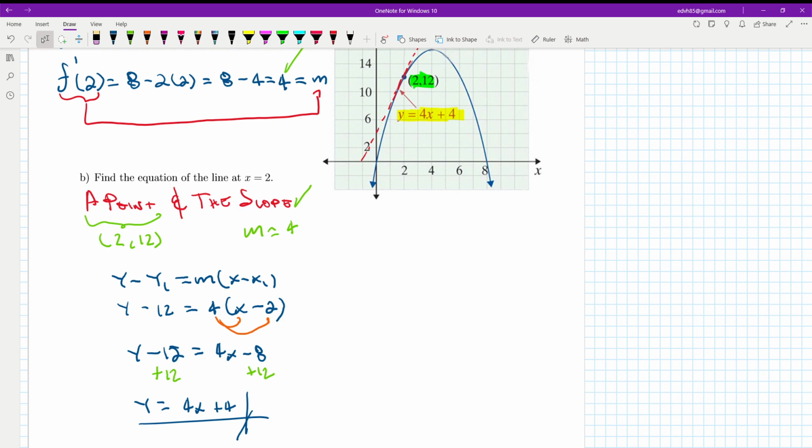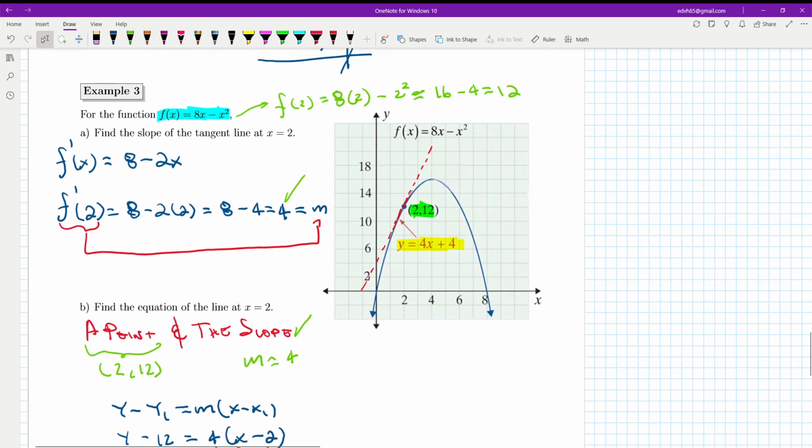So again, what is the power of finding the derivative of a function? This derivative, f prime of x equals 8 minus 2x, is going to be useful to find the slope of the tangent line at any particular value of x. For example, in this case, we did it for x equals 2.